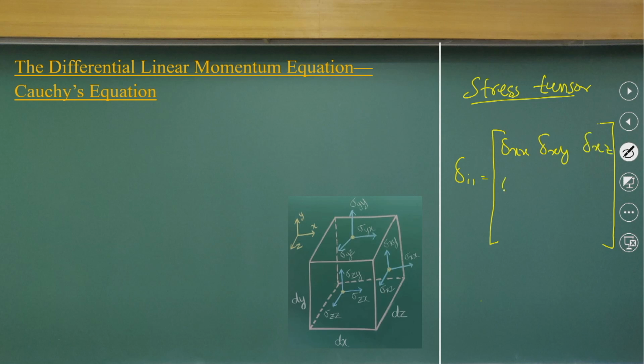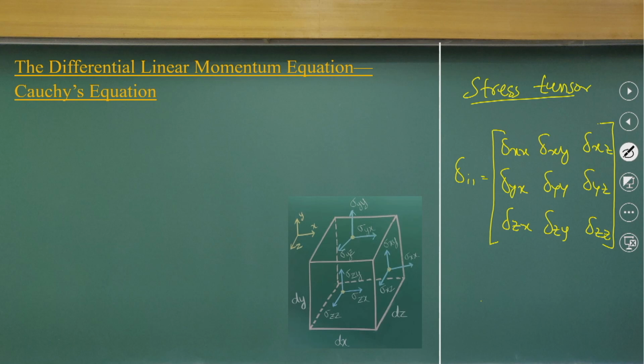The same way here I can write y x, z x. This way sigma y y and y z. Here will be z y, sigma z z.